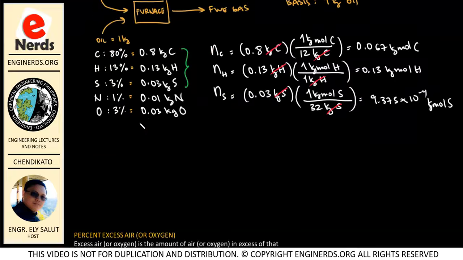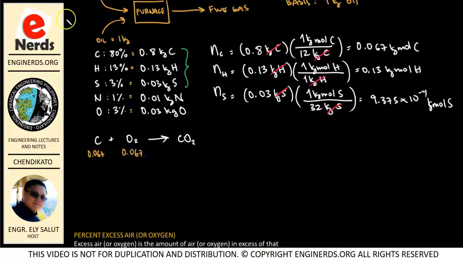So, let us write our combustion reaction. All of our carbon, if we have complete combustion, will react with oxygen from the air to produce CO2. How much is the number of moles of our carbon? We have 0.067. It's 1:1, so our O2 will be the same, 0.067.